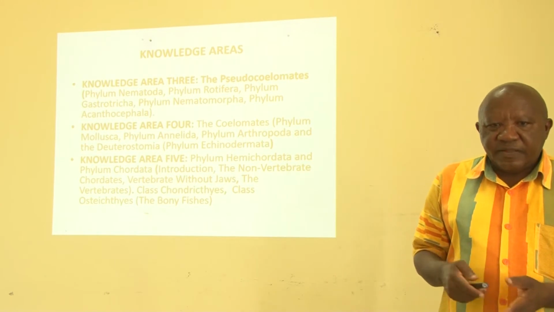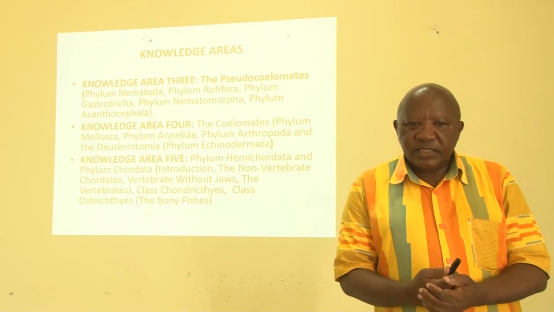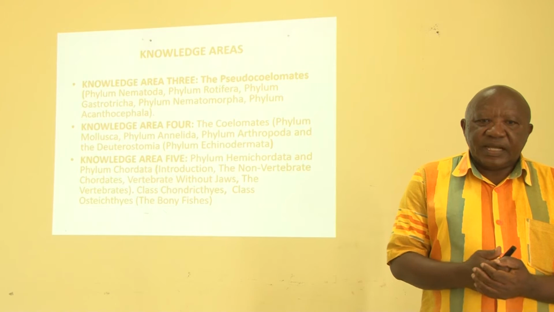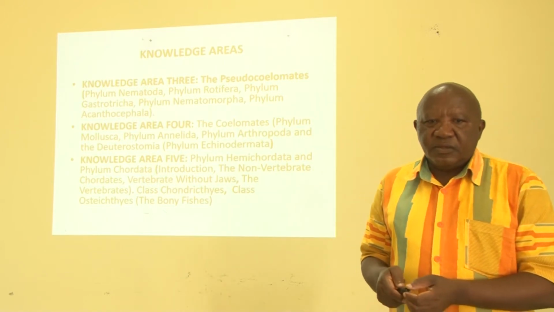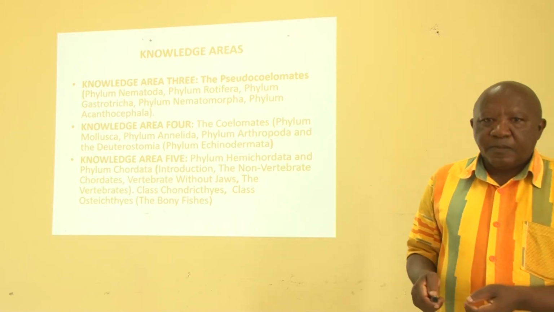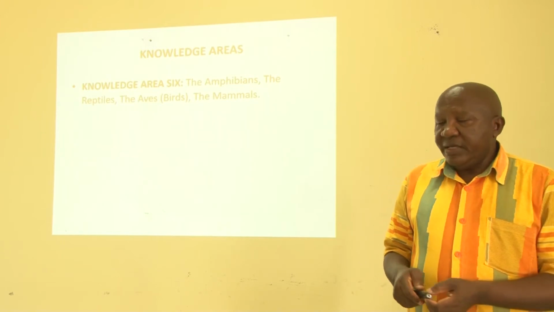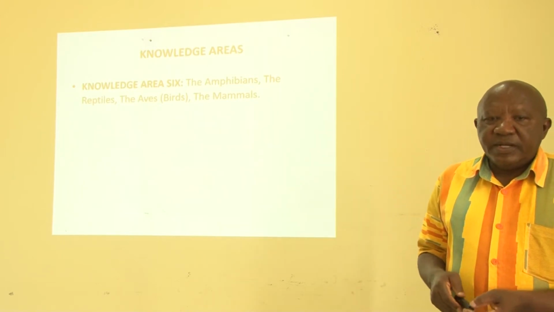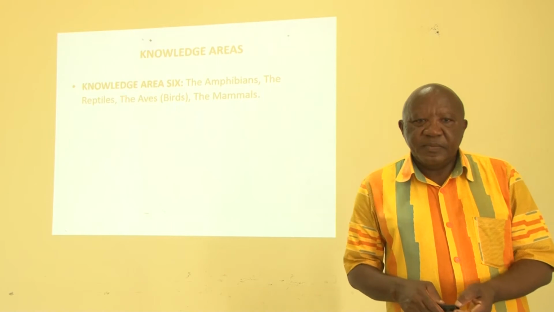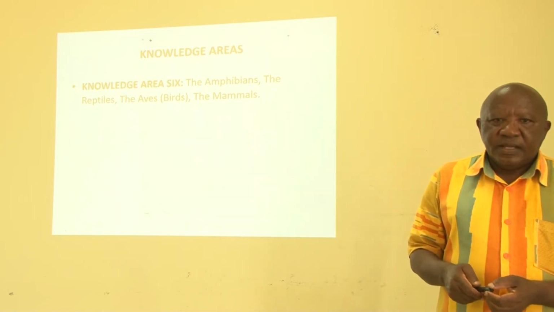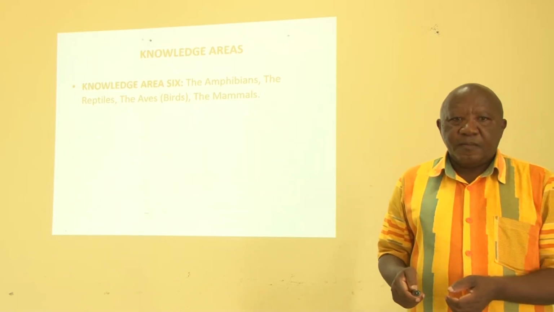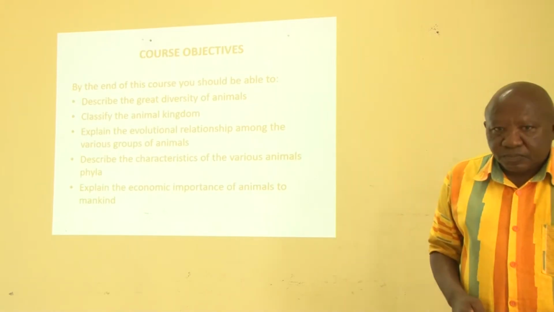We are going to classify the chondrichthyes, the osteichthyes, and also the bony fishes. In knowledge area number 6, you will learn about the amphibians, the reptiles, the birds, and the mammals.